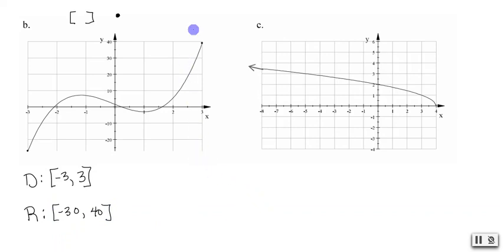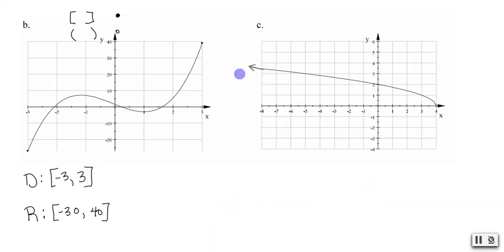Now, if this point was open like that, then we would put a parenthesis there instead of a square bracket. As it is, it doesn't show a big open bubble, so we know that those are included points, closed points. Parentheses are used if you have an open point like that. It shows that it gets infinitely close to that value but does not actually include that endpoint.